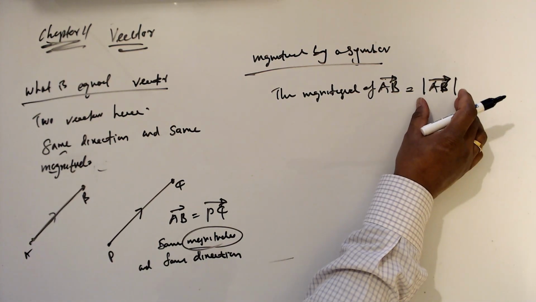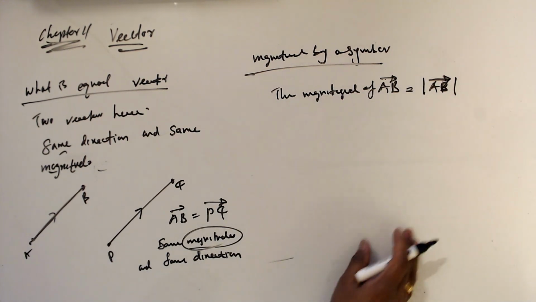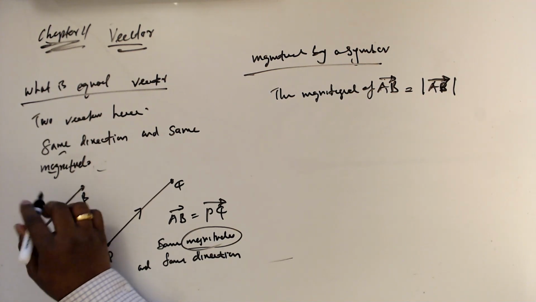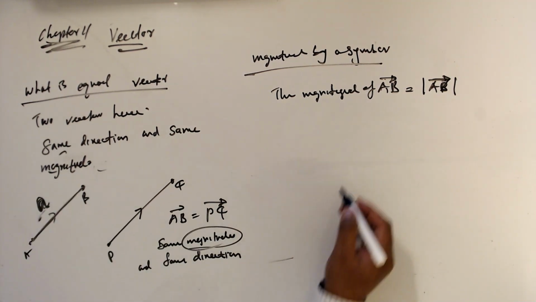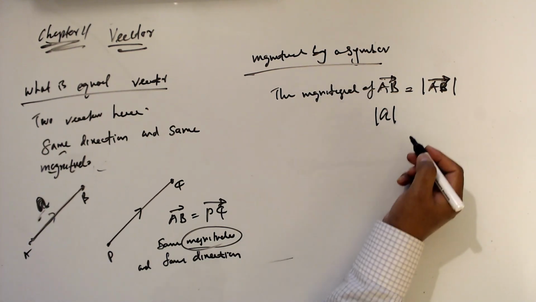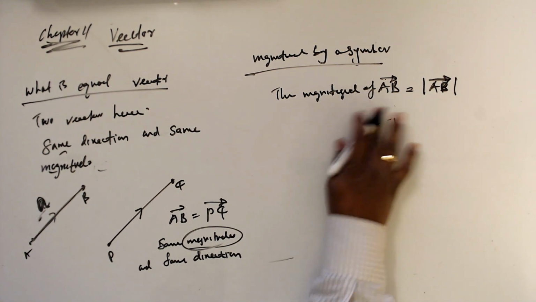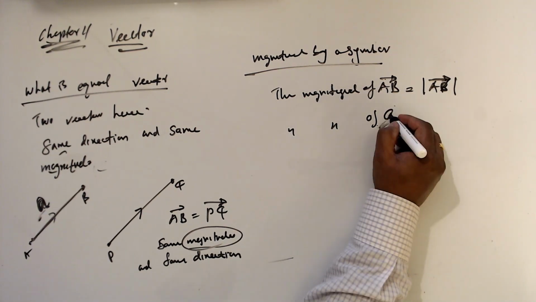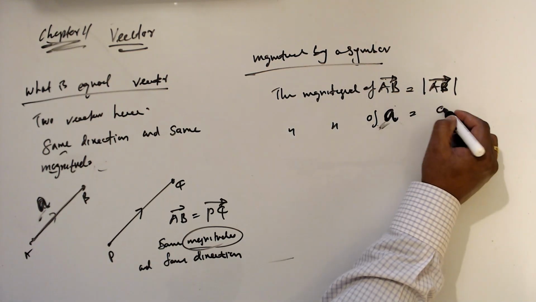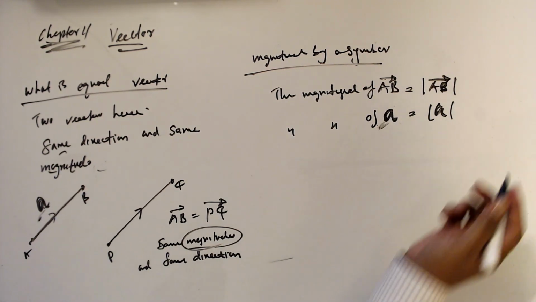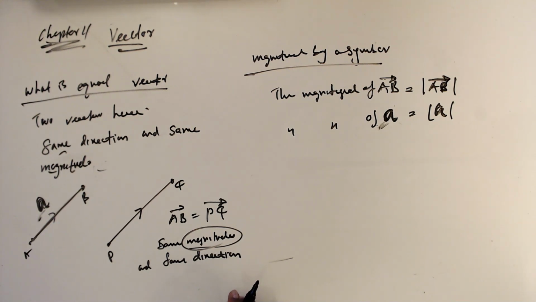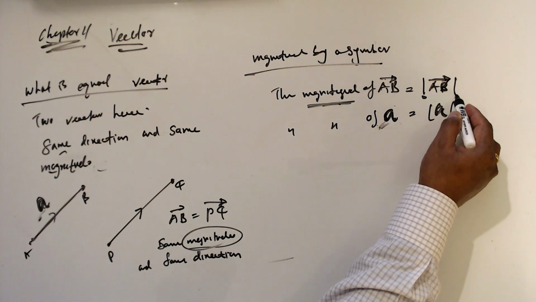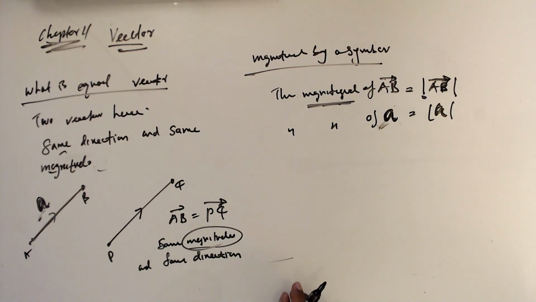What is the meaning of that? Size of AB, the magnitude of AB. If we have a symbol like this, the magnitude of A, you can write like this. So we replace the word magnitude by inserting two lines beside.